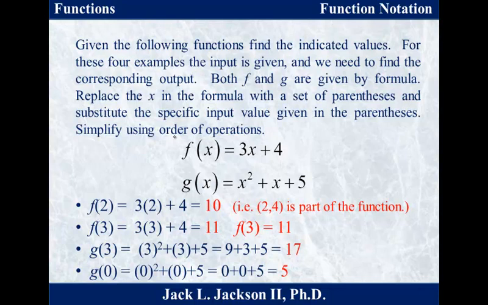Square first, so it's 9 plus 3 plus 5. That turns out to be 17, so g of 3 equals 17. g of 0 then, as you can see there, works out to be 5. So when you have a formula and you want to evaluate, simply replace the x by whatever is in the parentheses, and then just simplify it.